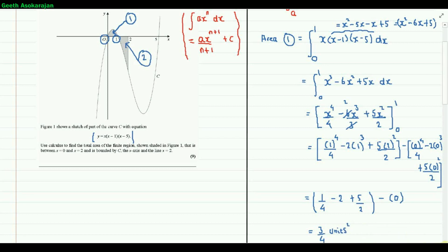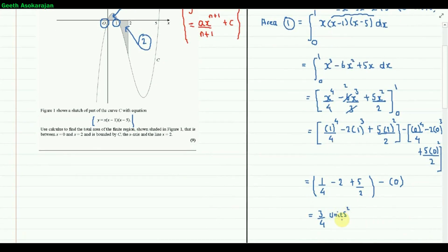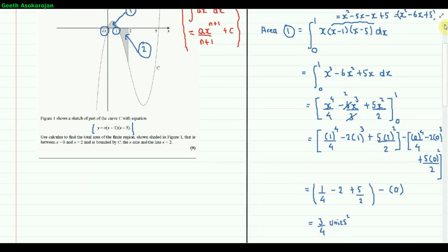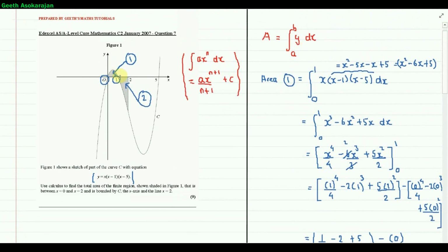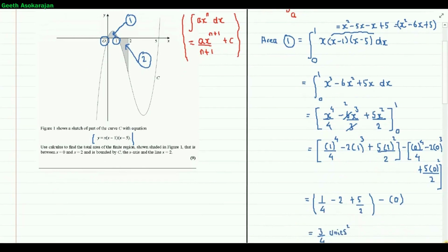And as you can observe, it's a plus 3 over 4, and that justifies our diagram, because if we go back to the diagram, the region 1 is above the x-axis, so we are anticipating a positive answer when it comes to integration. So that is justified by our answer here.